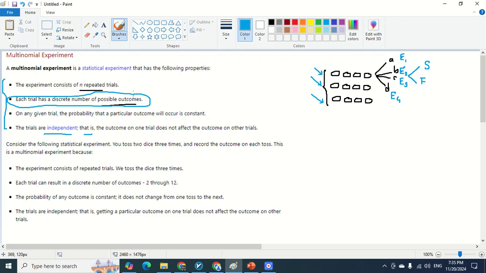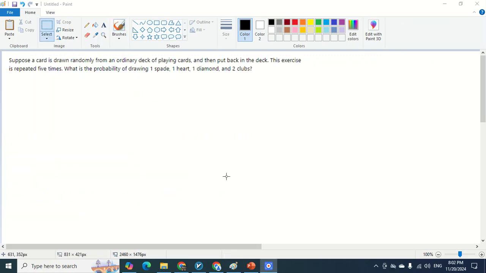So for instance, we have some examples here that illustrate the binomial distribution, but let us take a look at one practical example to see how we can use this, and how the multinomial distribution works.